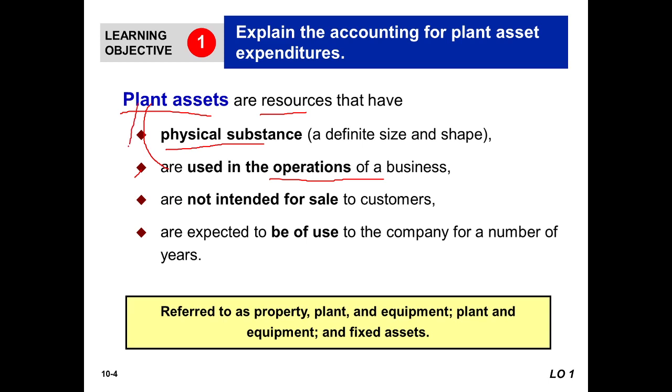Number 3, plant assets are not intended for sale to customers. That means we do not sell these plant assets to customers. Number 4, they are expected to be used by the company for a number of years, because we will use these plant assets for a number of years for proper operation of the business.